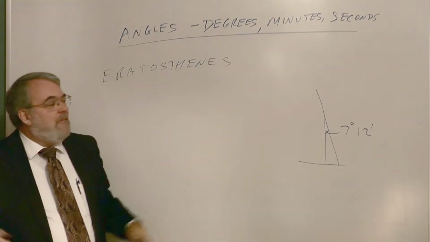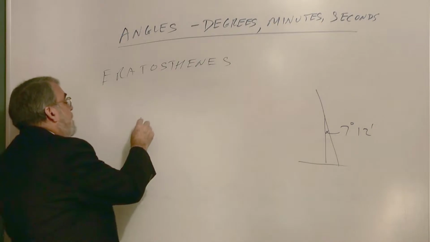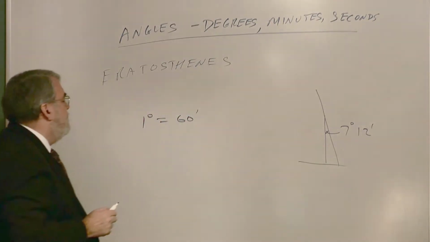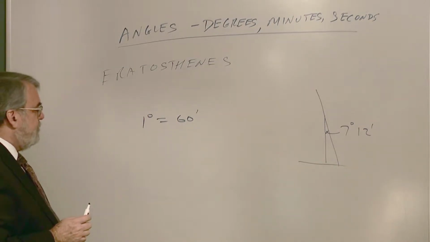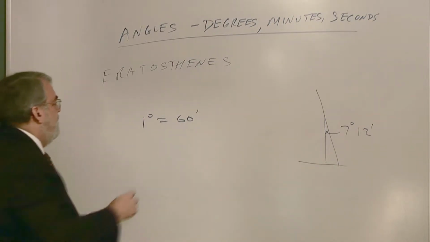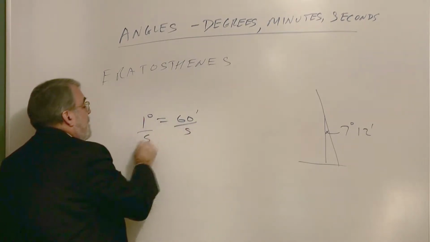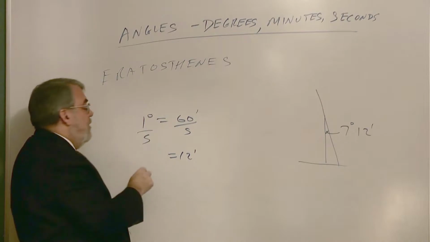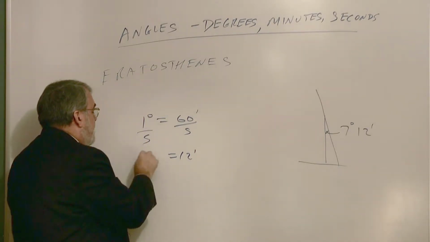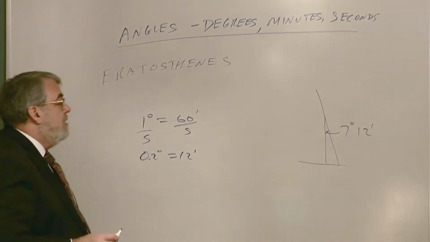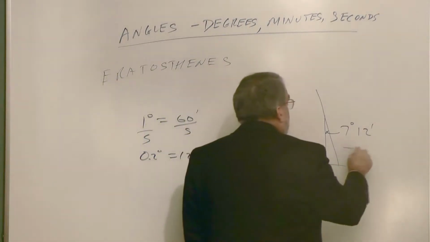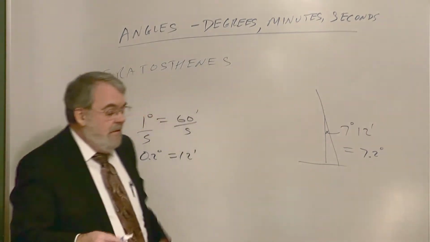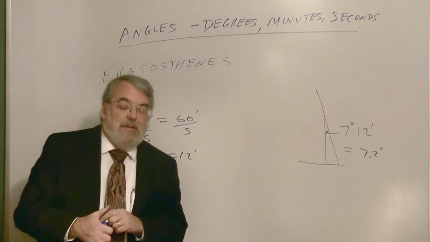Well, because 1 degree is 60 minutes, if I divide by 5, I get 12 minutes over here. I get 1/5 of a degree, which in modern terms we call 0.2 degrees. And so 7 degrees 12 minutes is 7.2 degrees. Okay, great. It turns out that's a very handy number.